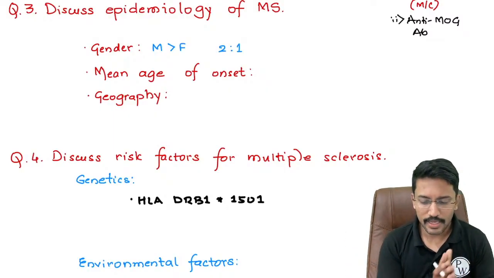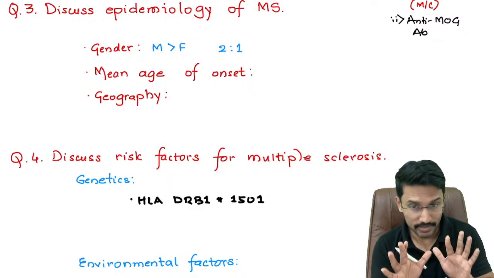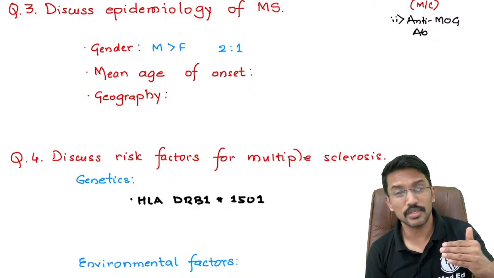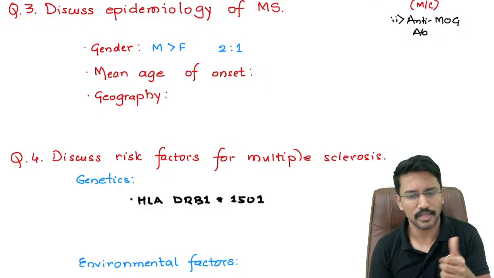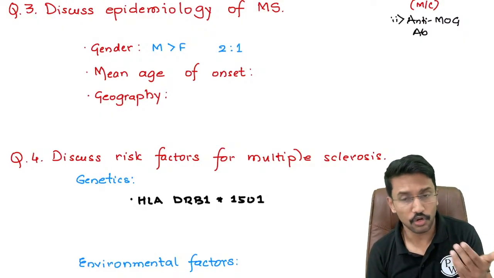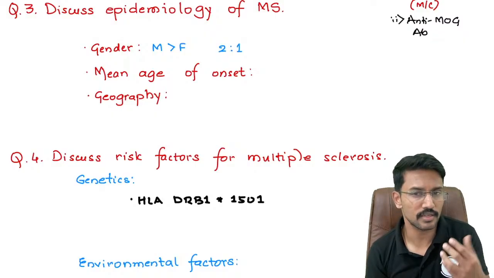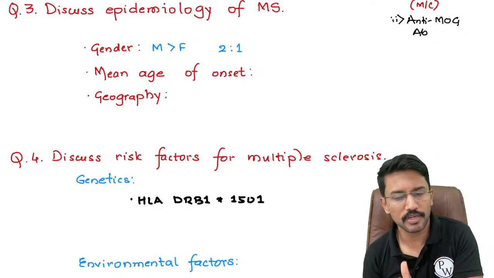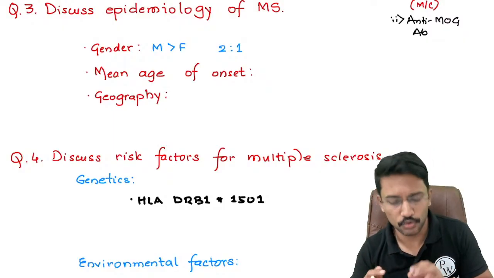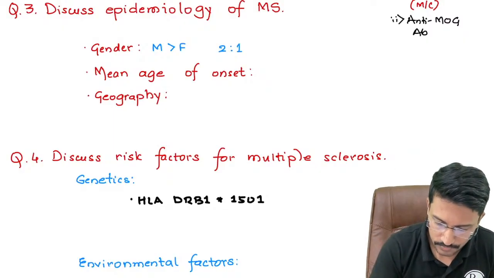And what is the mean age of onset? With respect to age of onset, this is not an exception. For the majority of autoimmune disorders, the age of onset is middle age. Like SLE, what do you say? Reproductive age or middle age. Talk about rheumatoid arthritis, Hashimoto's thyroiditis, Graves' disease. All of them are typically more common in middle age. Even multiple sclerosis, the age of onset is usually middle age.